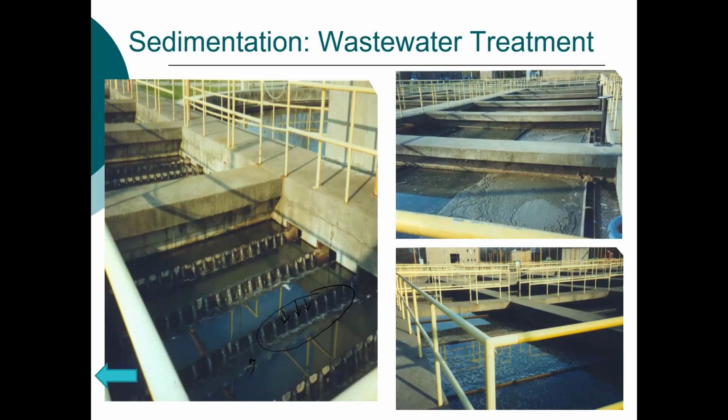Your wastewater sedimentation basins typically also have scum collection because there is material that will float to the surface, and that material then is collected into what is known as a scum trough, which is what you see here, and that then can be further treated or can be landfilled.